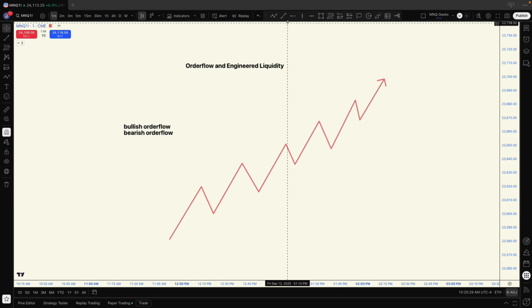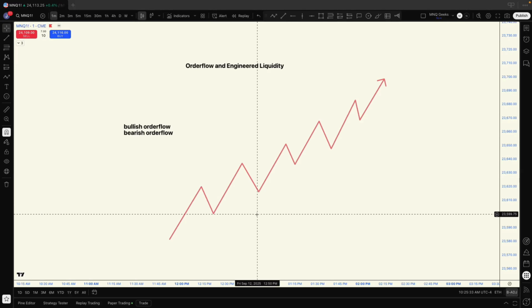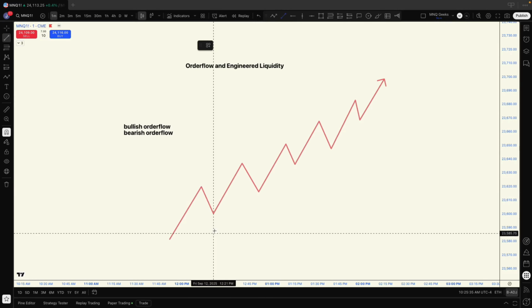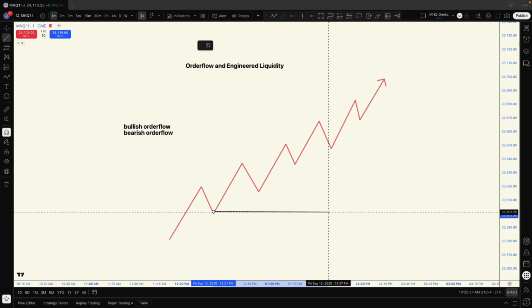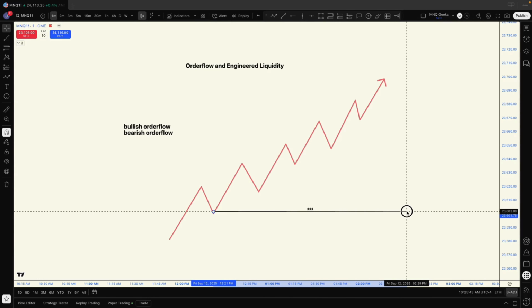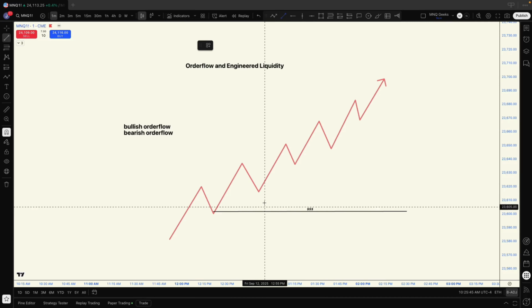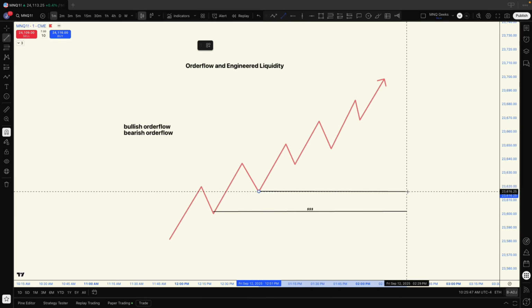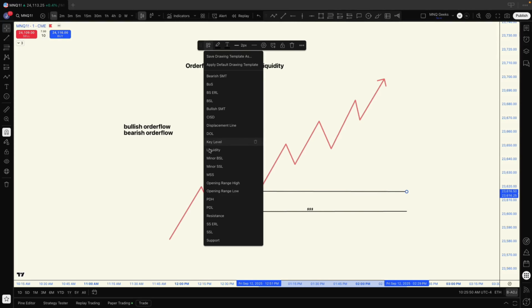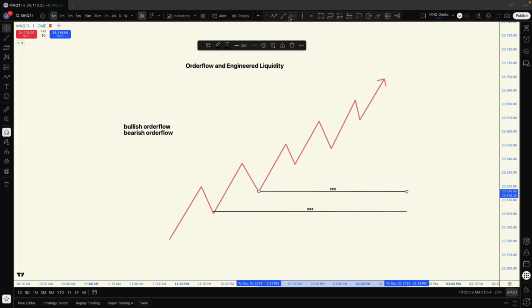Okay. So within this example of bullish order flow, as we're making these higher highs and higher lows, again, what are we doing? We're engineering liquidity at all of these lows. So let's draw this out. We're coming up. Let me actually draw this a little longer. We're making all of these lows, these points of liquidity that, again, the market is going to want to hunt out.